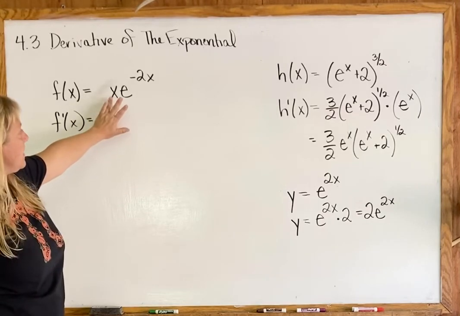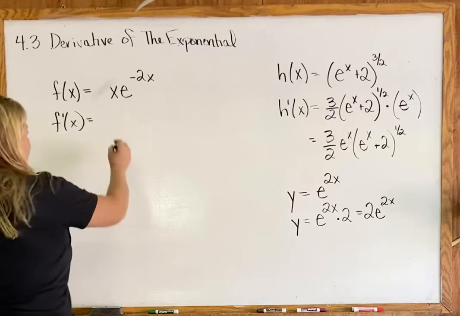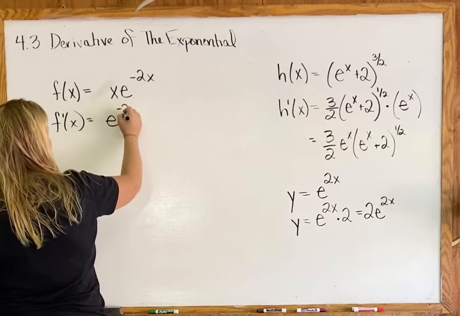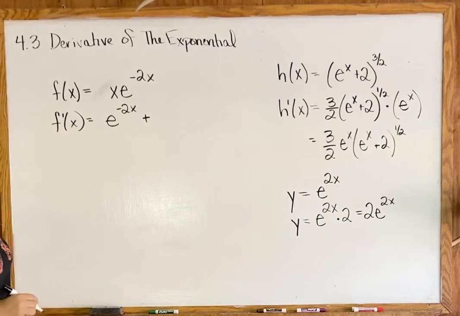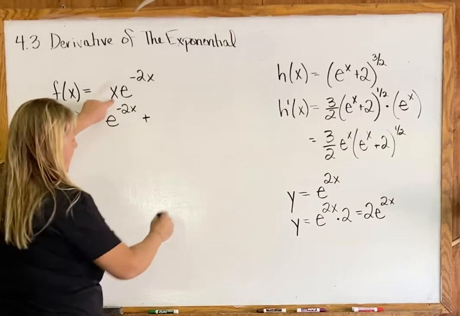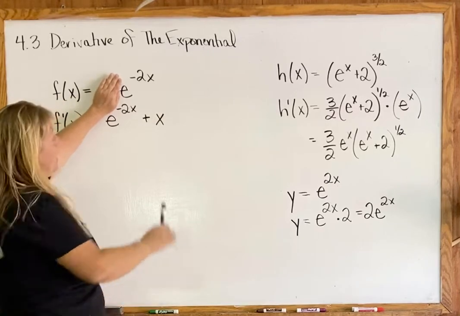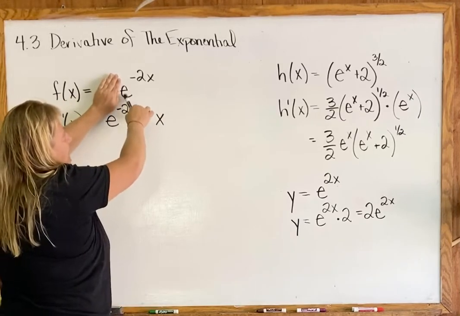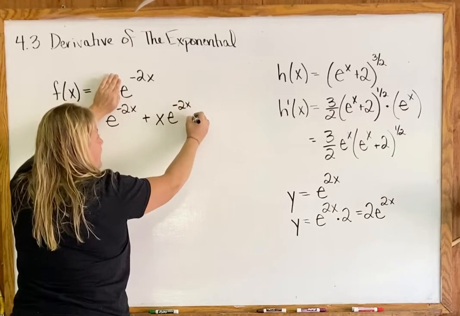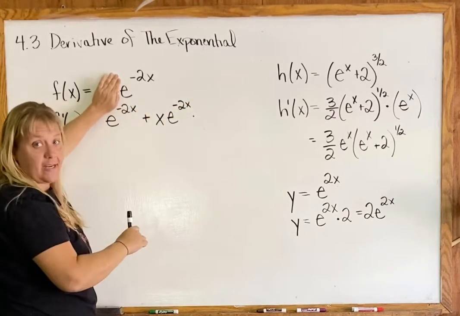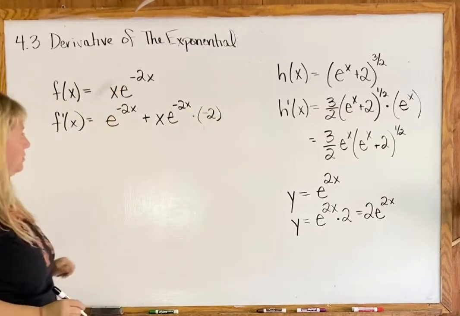again, product rule says take the derivative of the first guy, which is just 1, and follow it by the second guy. Plus, okay, then we're going to leave the first guy, x, and we're going to take the derivative of the second guy. But now remember, derivative of the second guy means write this guy down, and then take the derivative of the exponent, so times negative 2.